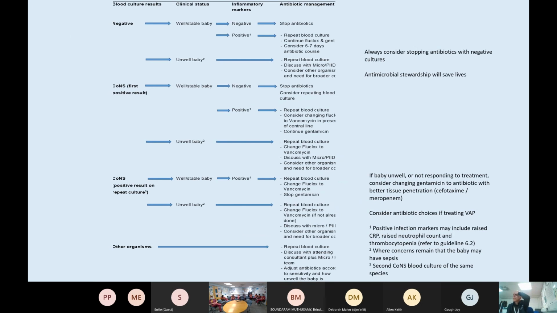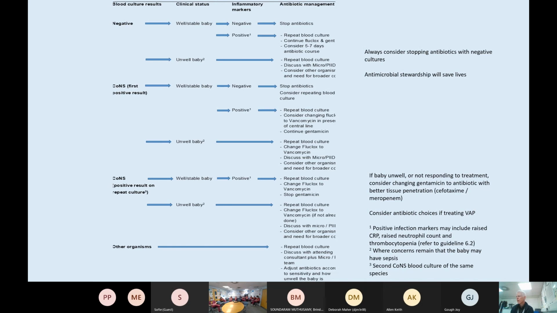Now, this is a bit of a wordy slide. Apologies, I've just basically cut and pasted it from the guidelines. So if you don't pick it all up, it's on CliniB, and it gives you an algorithm to follow as far as choosing your antibiotics and what you do as far as stopping antibiotics or changing antibiotics.